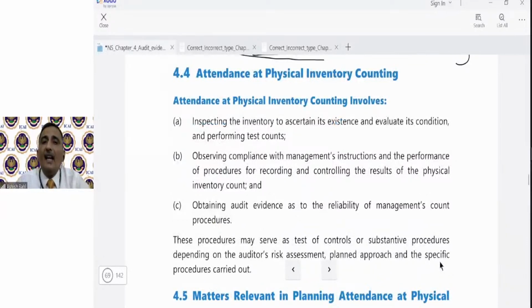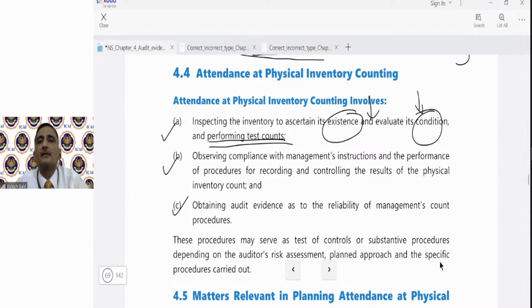So attending physical inventory count involves again these three things which we have discussed. Number 1 is inspecting the inventory. 2, what is its purpose? To ascertain its existence and condition, and performing test counts.